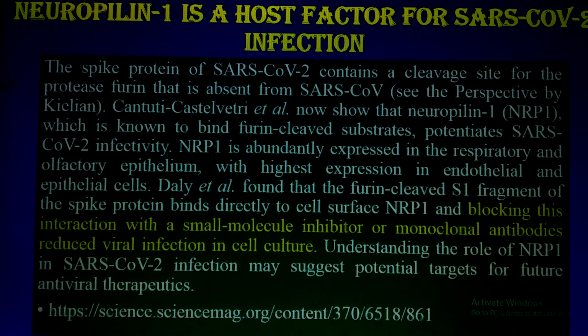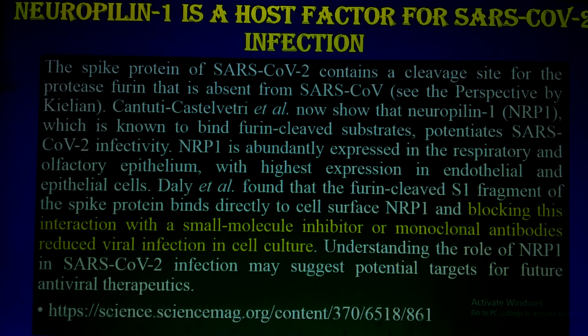After the cleavage of the spike protein, two subunits form, S1 and S2. The S1 subunit then directly binds to the cell surface neuropilin 1, or NRP1, and we can block this interaction with a small molecule inhibitor or monoclonal antibodies.